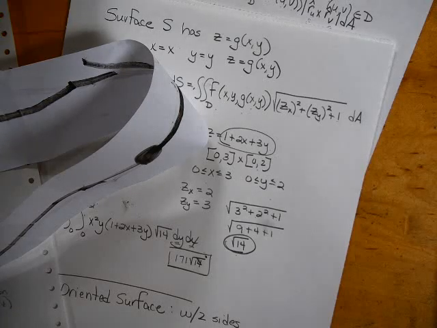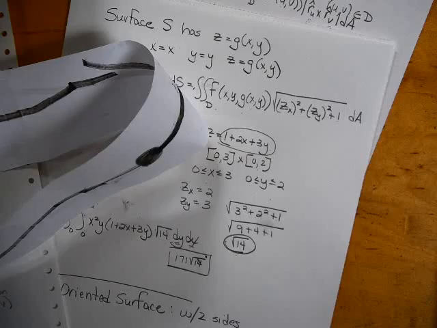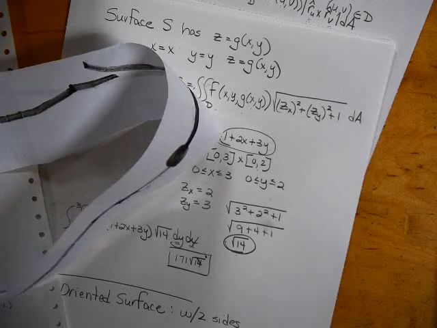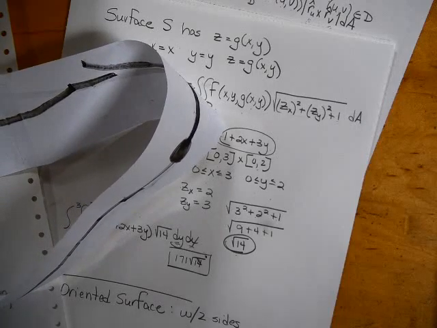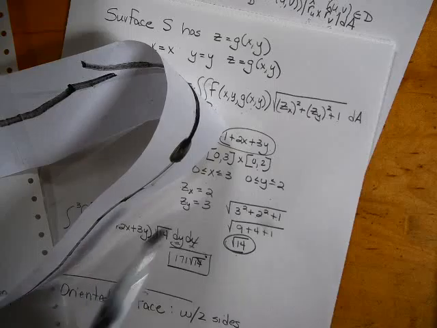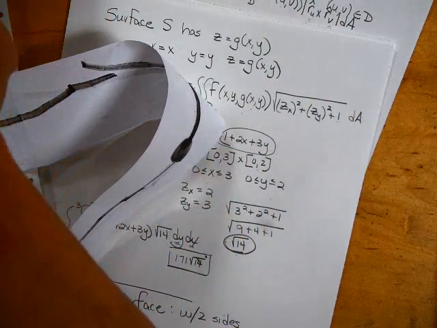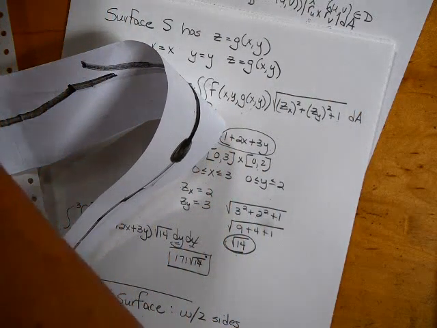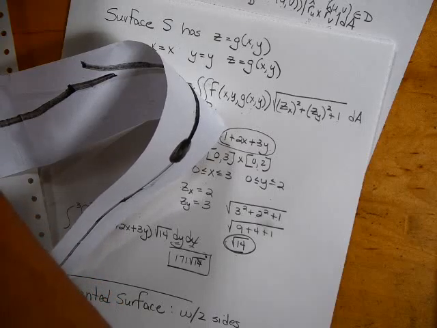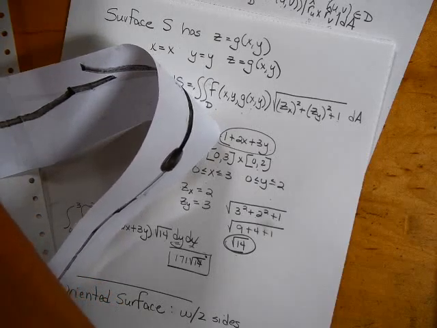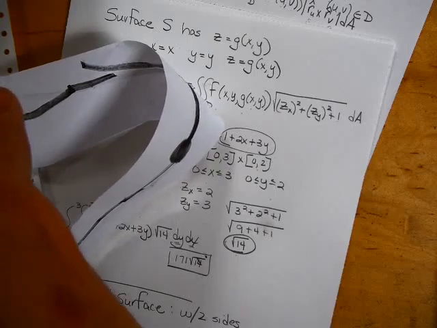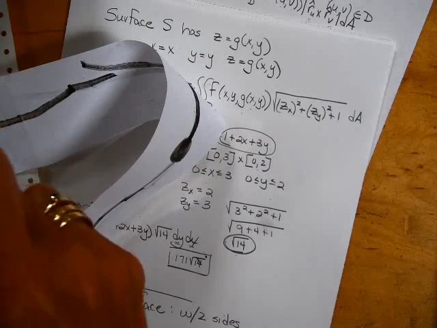But as I travel around the surface, this vector is no longer pointing up. It's pointing out this way. I'm still on this surface, and when I get to the inside, well, it's not the inside because I'm still on the same surface. Now I've got vectors that are pointing this direction. These vectors are not all pointing the same direction, so I can't orient my surface.